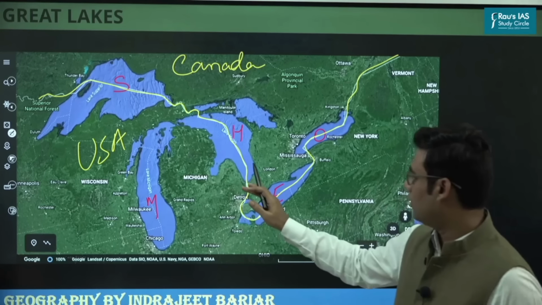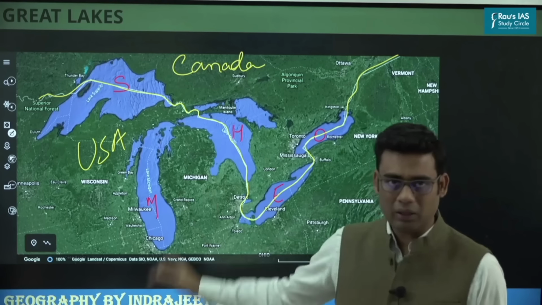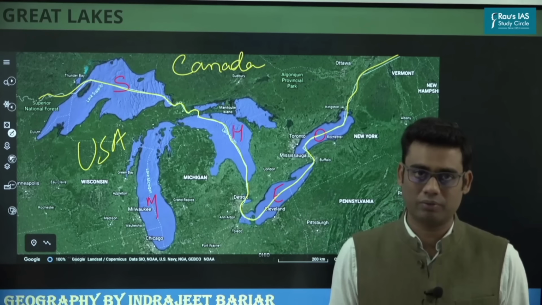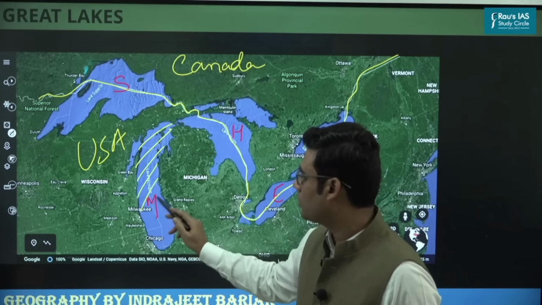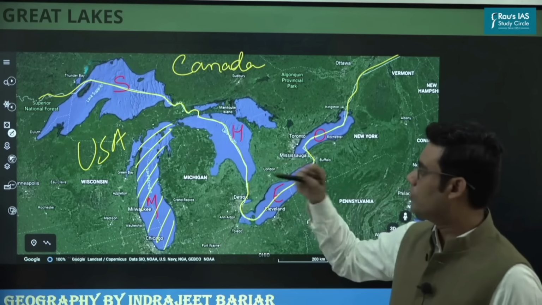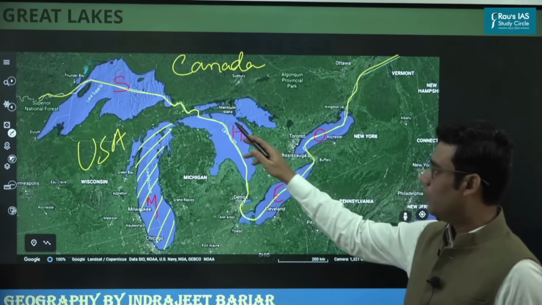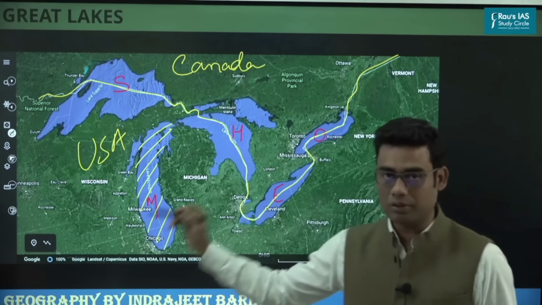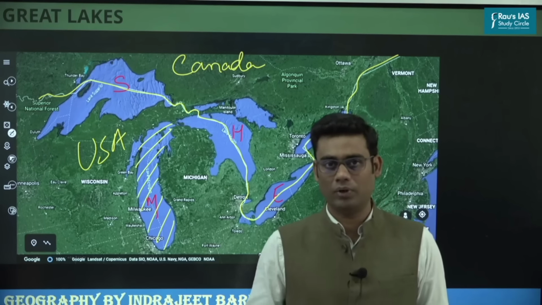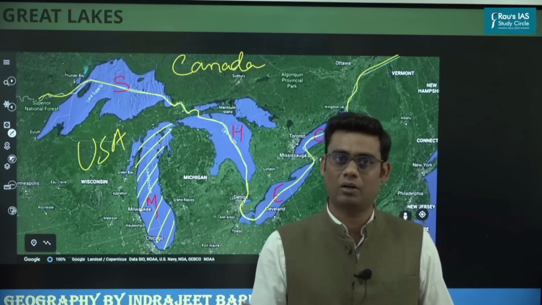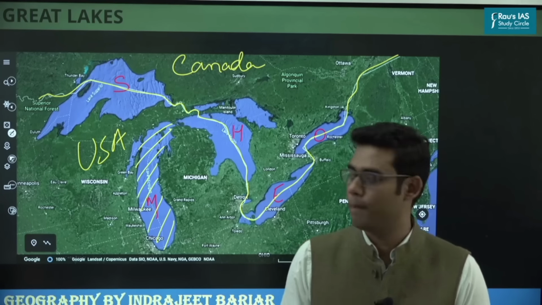Lake Michigan is the only lake of the Great Lakes system which completely lies on one side of the border, that is, it completely lies within USA. All the other lakes are shared between USA and Canada. The boundary is passing right through these lakes. So Lake Michigan is the only lake of the Great Lakes system which is completely in one country, that is USA.